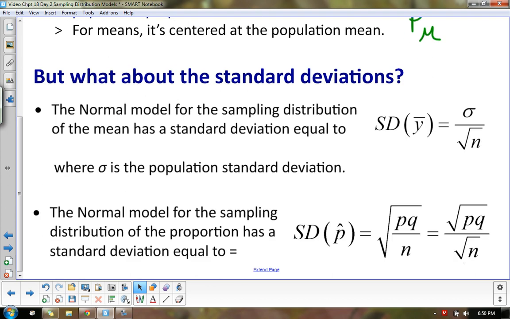Now, we talked last class about the fact that the standard deviation of any population when we're talking proportions is root PQ. So again, the standard deviation for any sample with a true proportion of P is the square root of P times Q over N. Success, failure over sample size, square root of all of it.